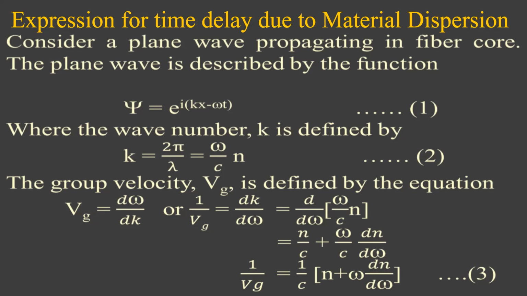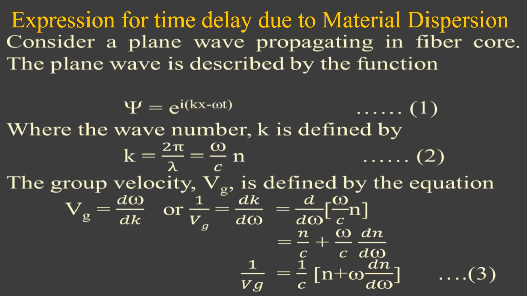Why does this concept of group velocity come here? Because even though we are taking a laser as a source, it does not have exactly a single wavelength. It has a spectral width, that means a wavelength spread is there.